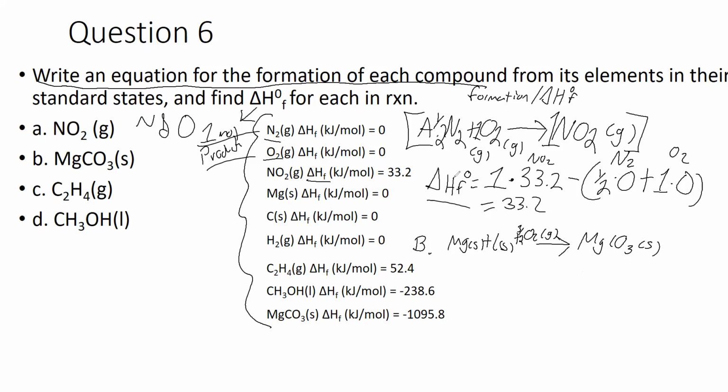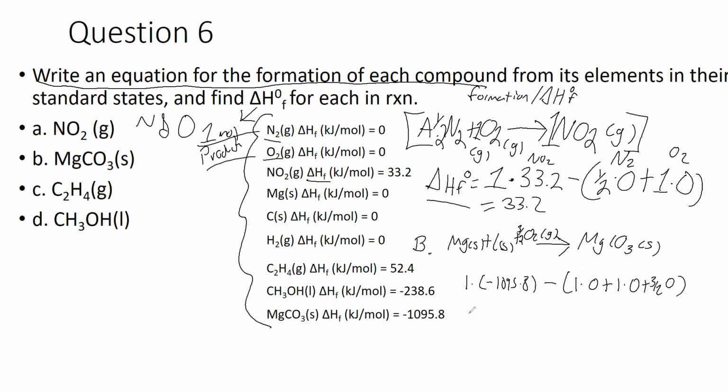And my delta H formation is products minus reactants. So 1 mole of MgCO3 multiplied by the delta H formation of MgCO3, negative 1095.8, minus, now my reactants: 1 times Mg, which is 0, plus 1 times C, which is 0, plus 3/2 O2, which is 0.